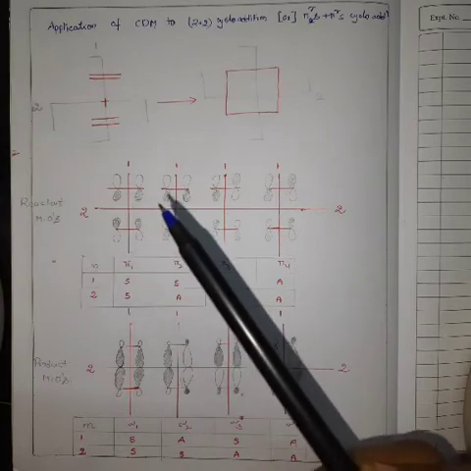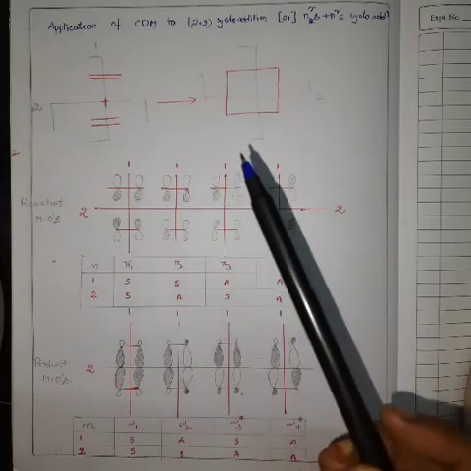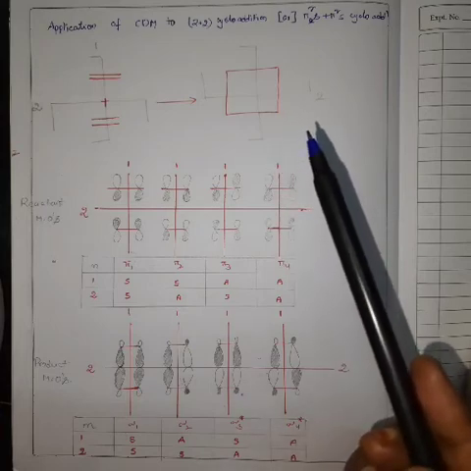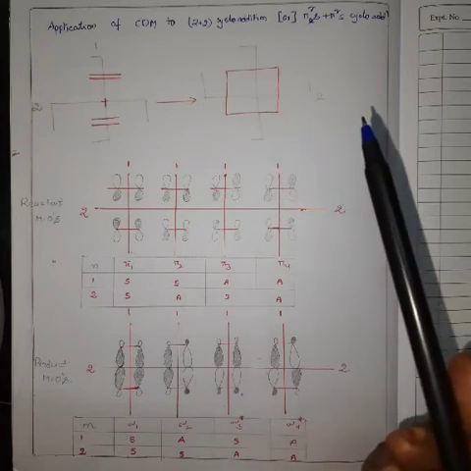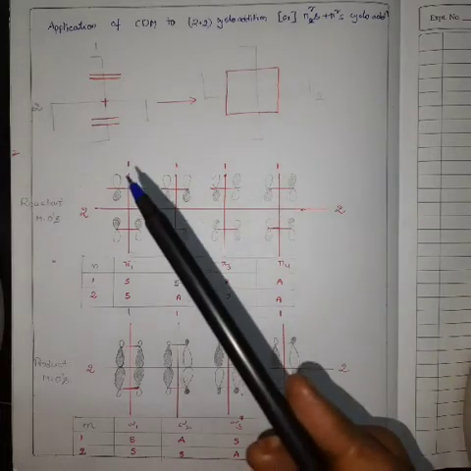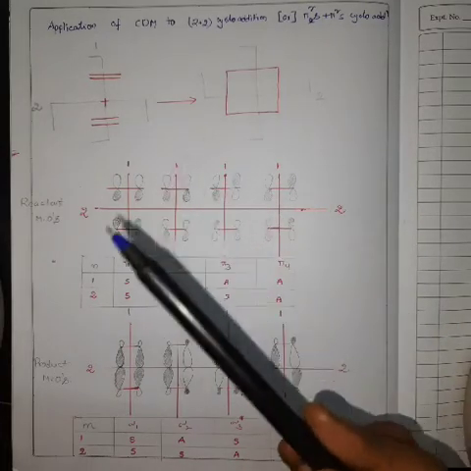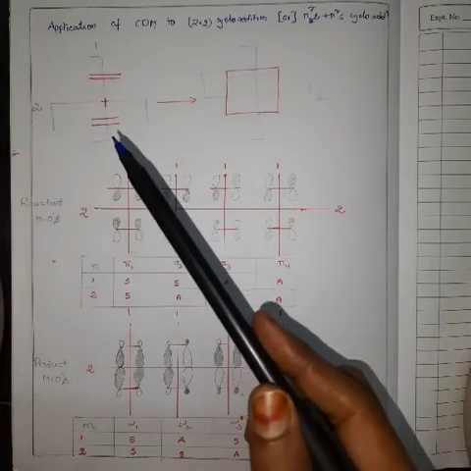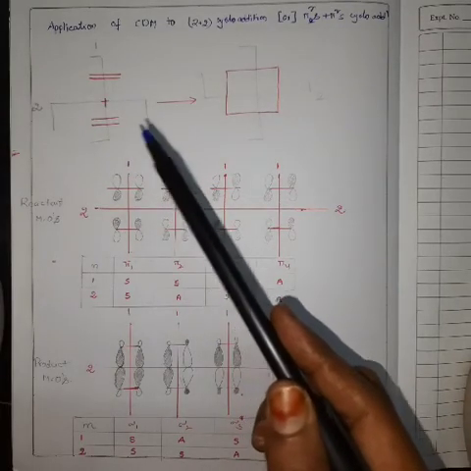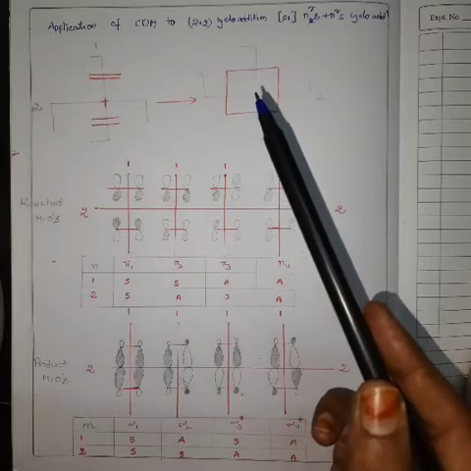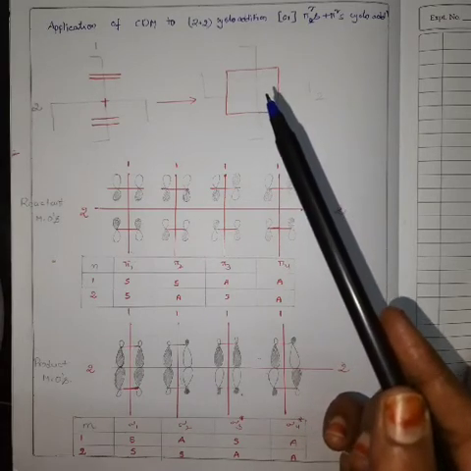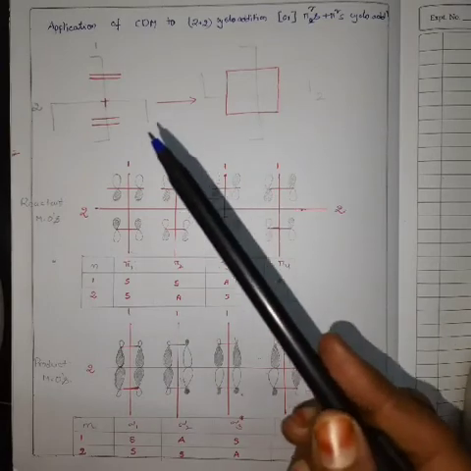Application of the correlation diagram method to the 2 plus 2 cycloaddition reaction, or pi 2s plus pi 2s cycloaddition. This is the simplest cycloaddition reaction. Two molecules of ethylene combine to form cyclobutane. It is a concerted reaction, so it is a cycloaddition reaction.